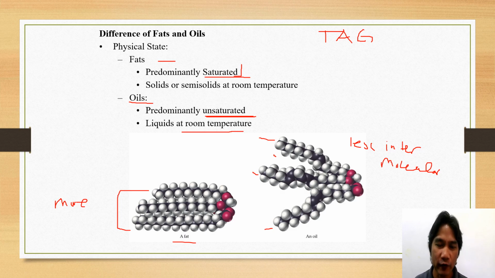That's the reason why fats are solid at room temperature. You need to add heat in order to separate the molecules of fats because of the tight interaction of those fatty acids.